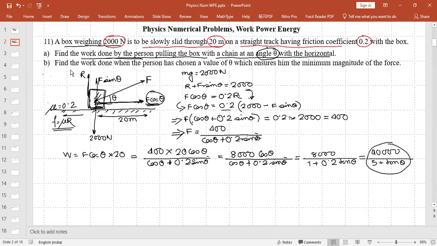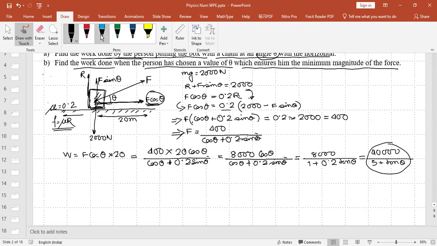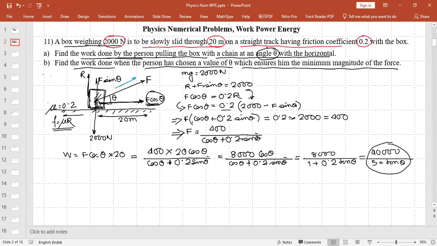The second question is, find the work done when the person has chosen a value of theta which ensures a minimum magnitude of force. That means the person can now decide to change the angle theta. Now he can either pull it in this direction or maybe in this direction.